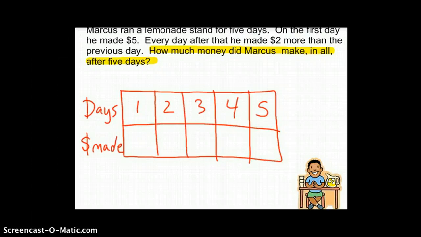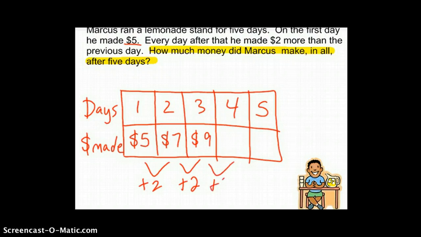On the first day of his lemonade stand, Marcus made $5. Every day after that, he made an additional $2. So on the second day, his profits went up $2. He made $7. Went up $2 here, he made $9. Went up $2 the next day, he made $11. And went up $2 on the final day, he made $13 on day 5.